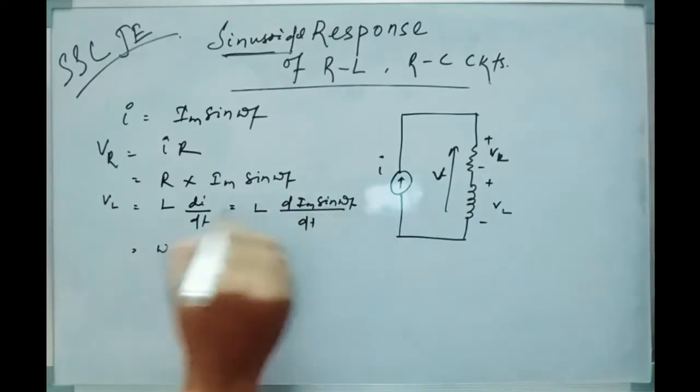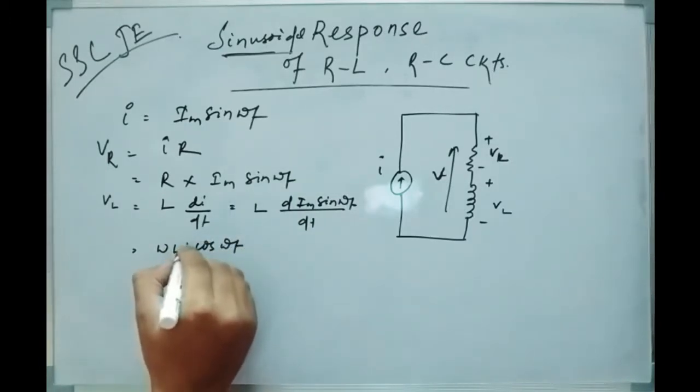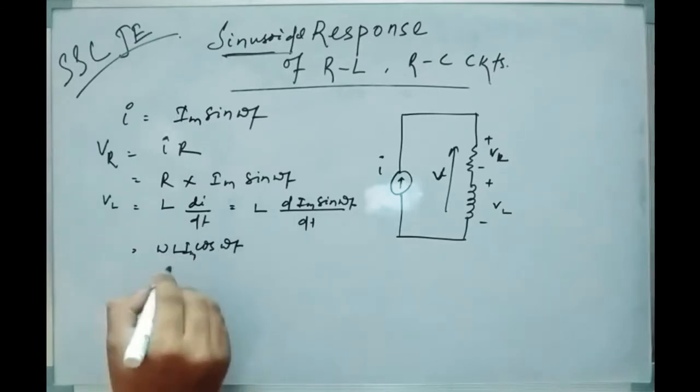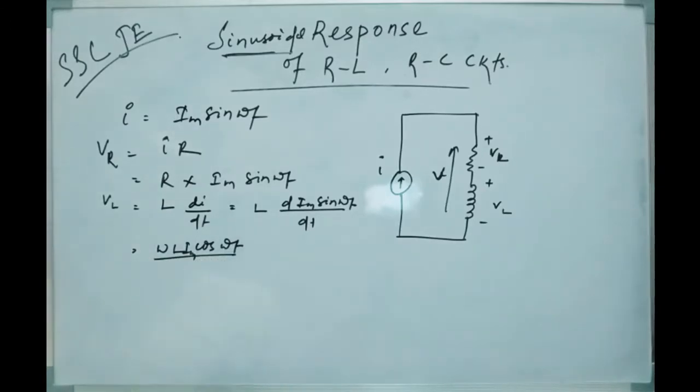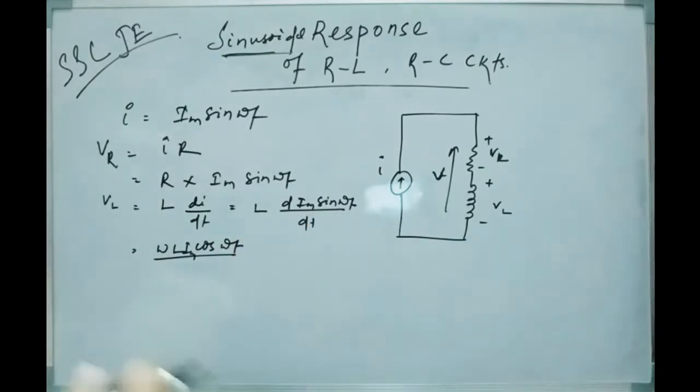The derivative of Im sin omega t is omega Im cos omega t, and L is already there, so we get omega L Im cos omega t.